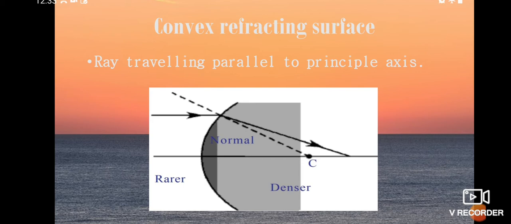So a ray traveling parallel to the principal axis strikes a convex surface and passes from a rarer medium to a denser medium, and it passes towards the normal. Here Snell's law is applicable. This is the first case.